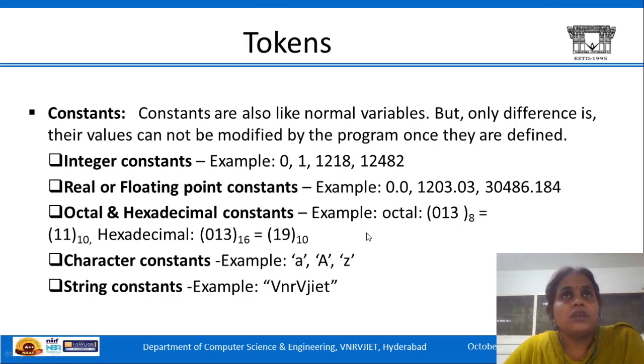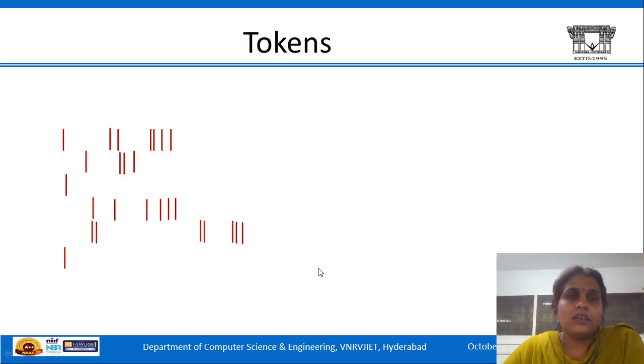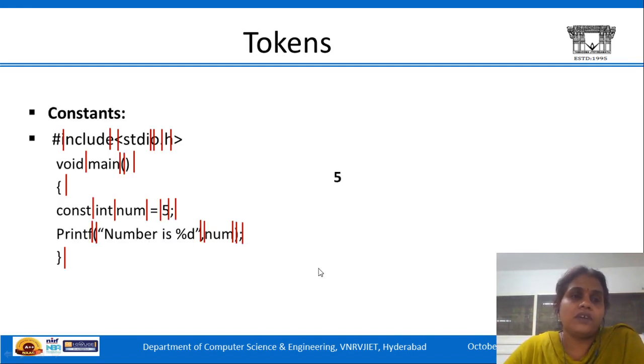But when you are dealing with numerics, you directly assign the value, num equal to 5. Here, if it is a character constant, it goes within single quotes, 'a'. If it is a string constant, you write the value of the string within double quotes. Okay, this is the string, and from the previous program we identify the constants.